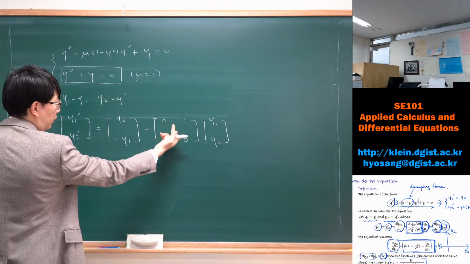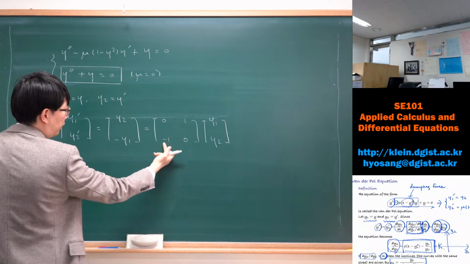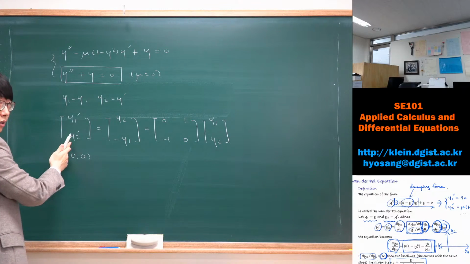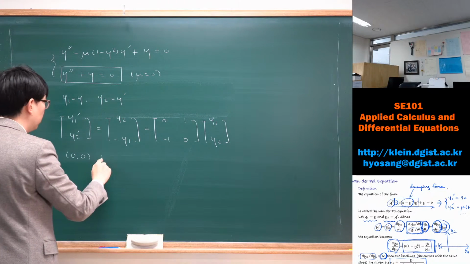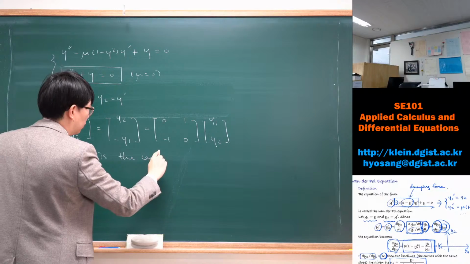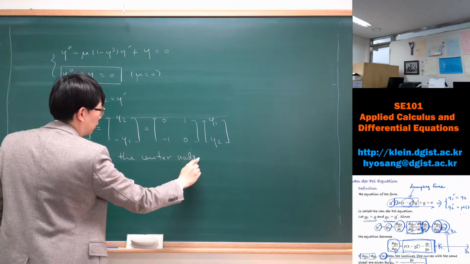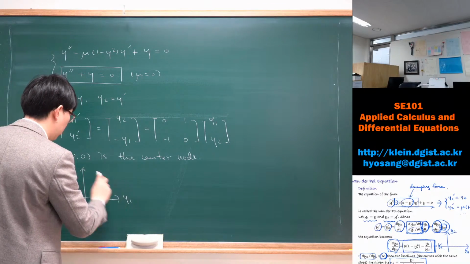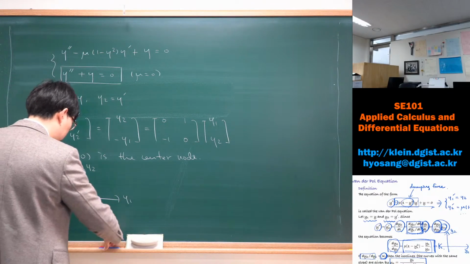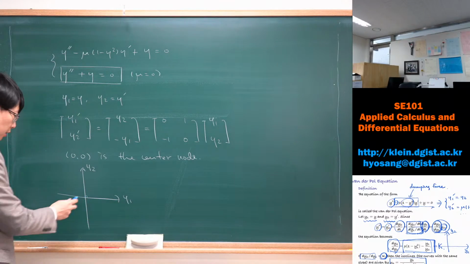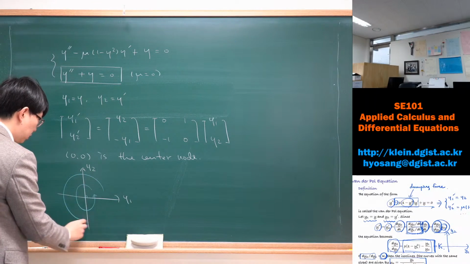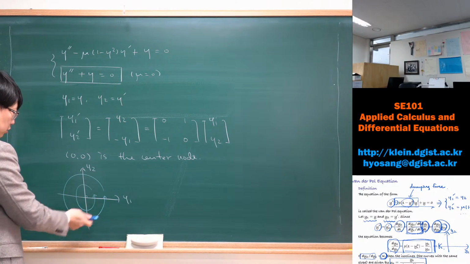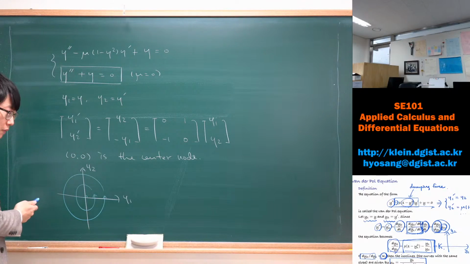In this case, we have zeros on the diagonal, and on the off diagonal we have opposite signs. So 0, 0 is the stable solution. The stable constant solution is the center node. So if you draw your solution in the y1, y2 plane, here's the center node, and all the solutions will circle around this node. Depending on the initial value, the radius will change, but the basic behavior is the same.